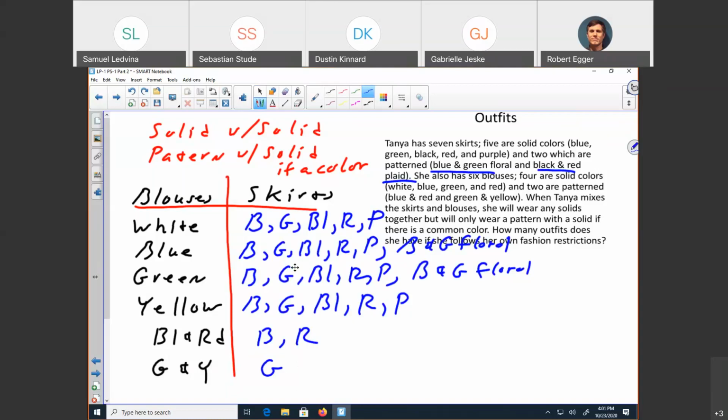So I guess now you just add them all up. 1, 2, 3, 4, 5, 6, 7, 8, 9, 10, 11, 12, 13, 14, 15, 16, 17, 18, 19, 20, 21, 22, 23, 24, 25 outfits she can make.